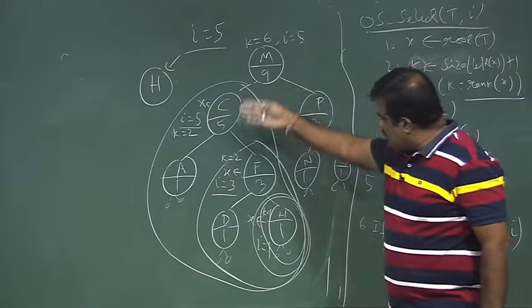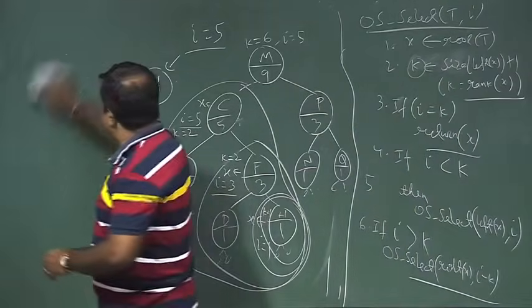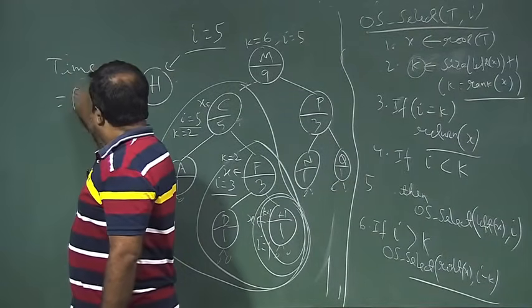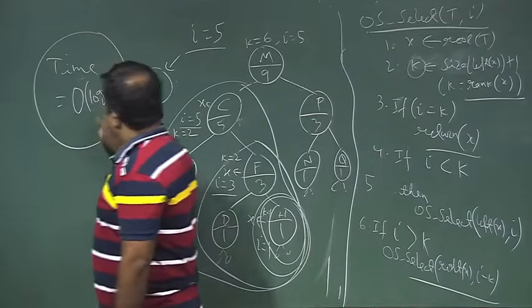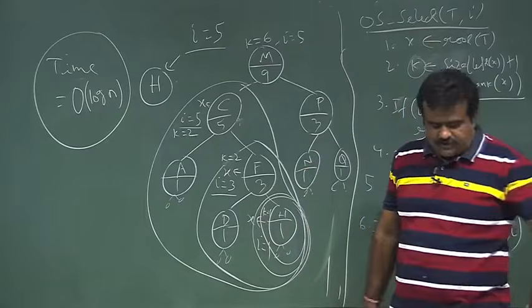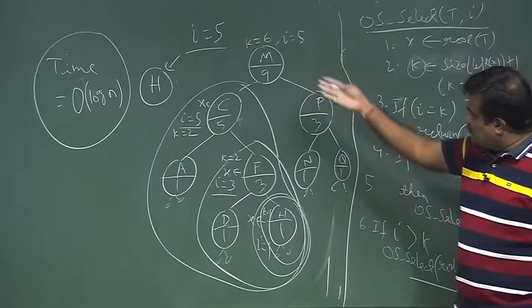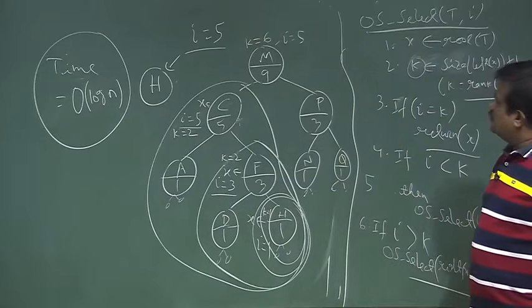This is a balanced tree, so the time for OS-Select is log n. That is the advantage of having a balanced tree. The height is h, and we are making at most height comparisons.